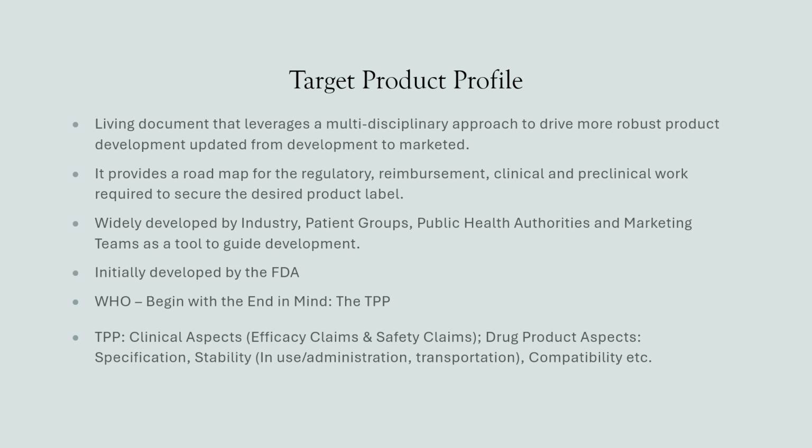And again, the target product profile includes the clinical aspects, the drug product aspects, and it can include information like, for example, stability, in-use data, how to administer the drug, transportation and compatibility, etc.